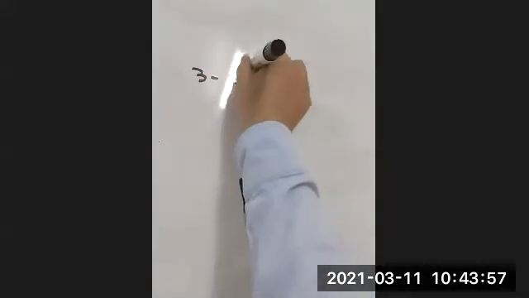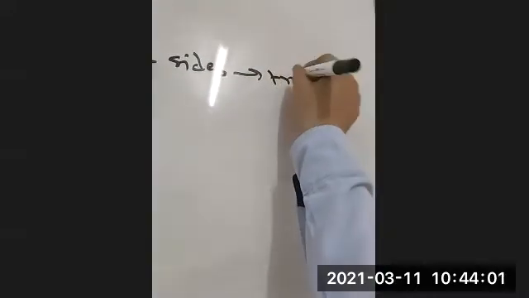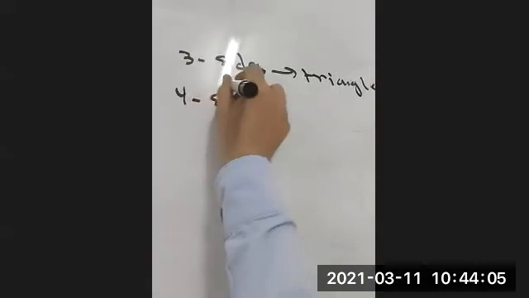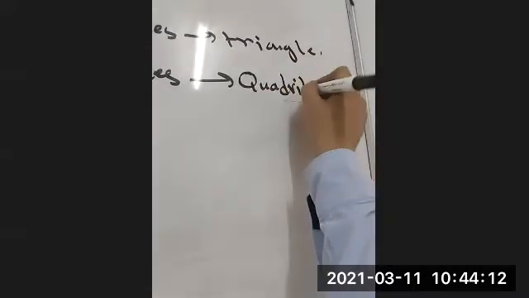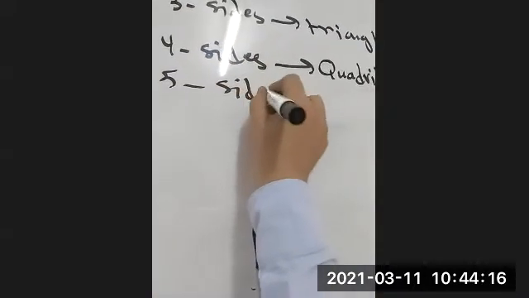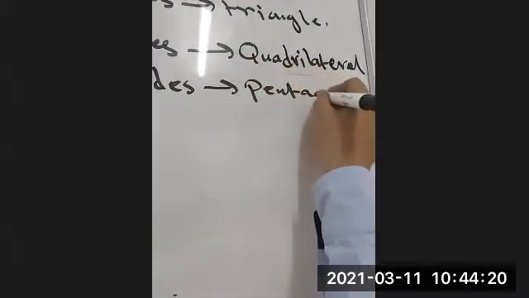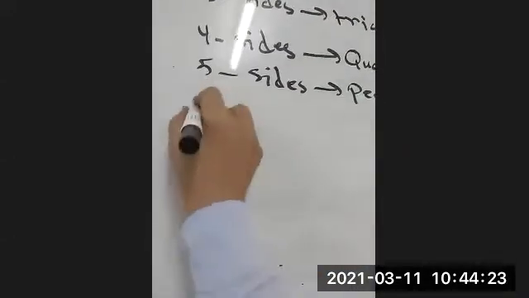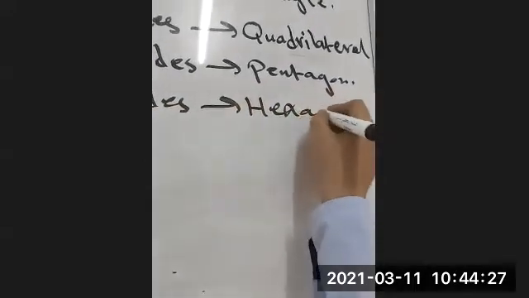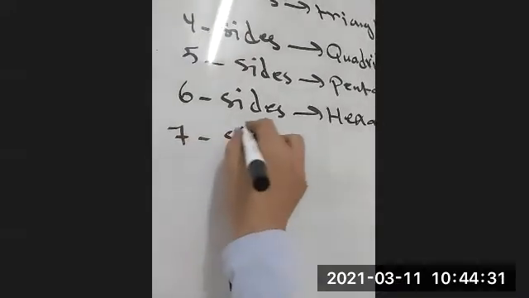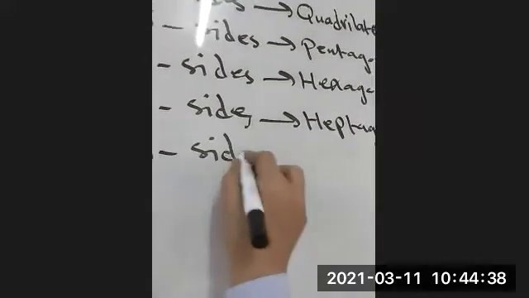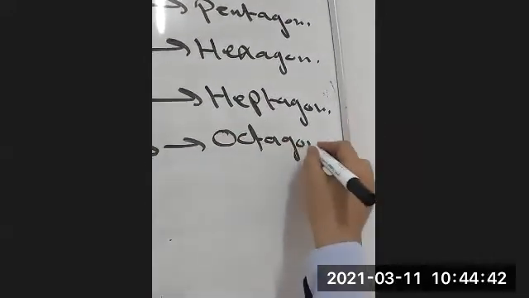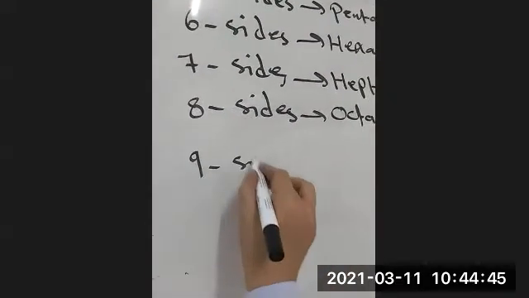Let me write them here. 3 sides, triangle. 4 sides, quadrilateral. 5 sides, pentagon. 6 sides, hexagon. 7 sides, heptagon. 8 sides, octagon. 9 sides, nonagon.